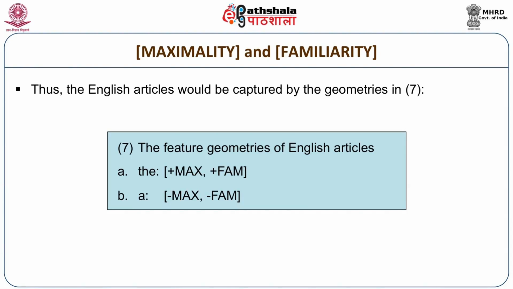Making the usual assumption that the features bundle together into feature geometries, the English articles could be captured by the following geometries. "The": its features are plus maximal and plus familiar. "A": its features are minus maximal and minus familiar.